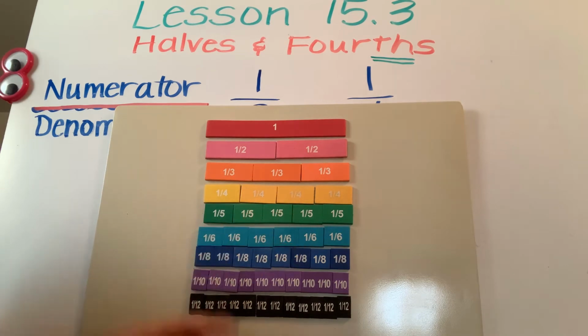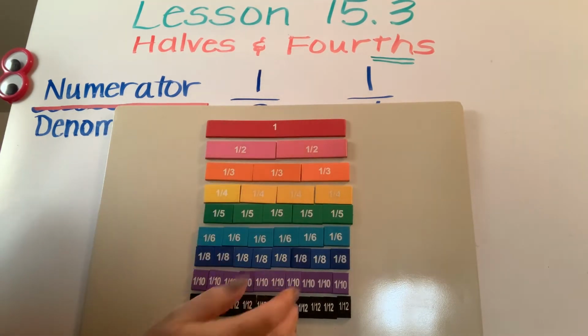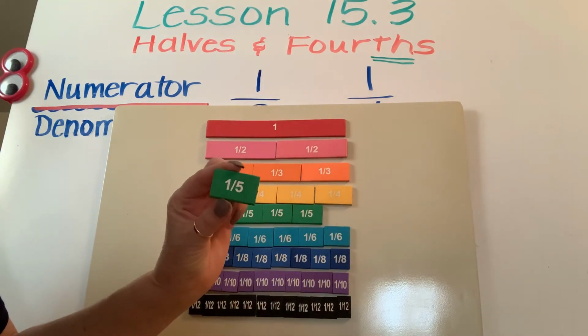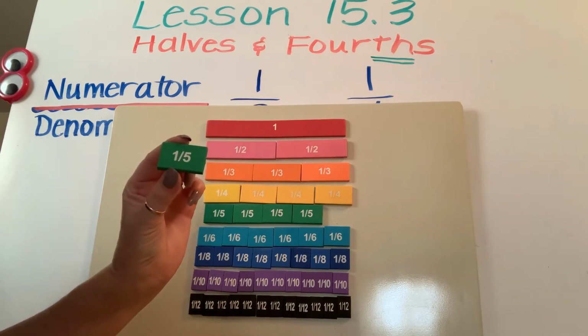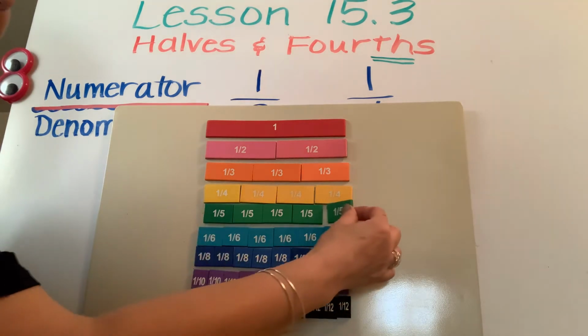And what do we do here? Look at this. Now we're going to divide our 1 whole into 5 pieces. So this itty bitty piece is worth 1 over 5. 1/5. Did you hear that TH?